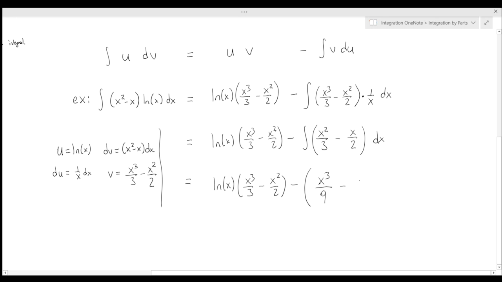And then minus, and this will be x squared over 2 times 2, so over 4. And then I'll put a plus c now at the end. And then that would have been the final answer for the integral. All right, so any questions about that?